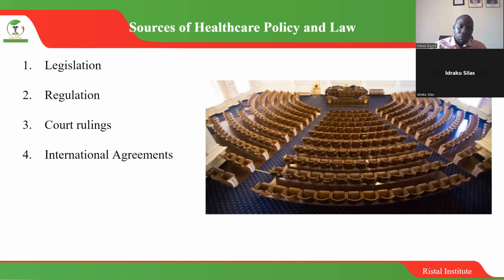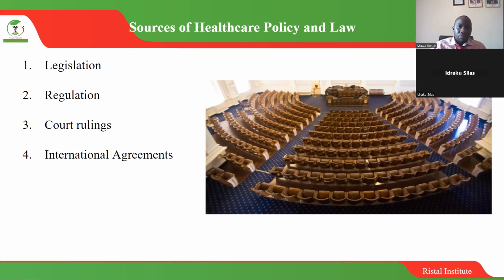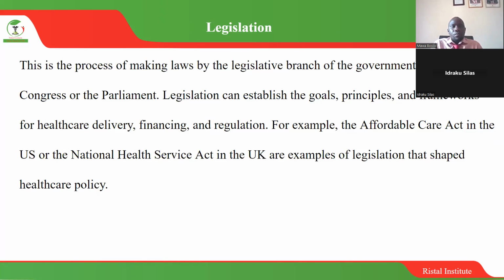So we're going to look at each of these and see what they actually mean. The legislature, which is basically the law-making body or arm of the government. You can call it the National Assembly or the Parliament. Okay, so the laws can be made by the Parliament.